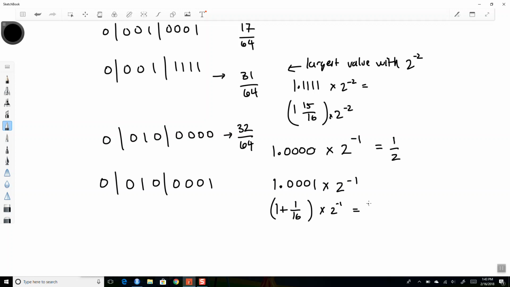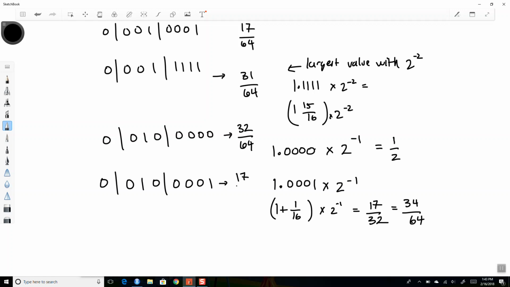And that's going to be 17/32, okay? Or at this point, it's 34/64. Okay? So the next value we have increments by 1/32.